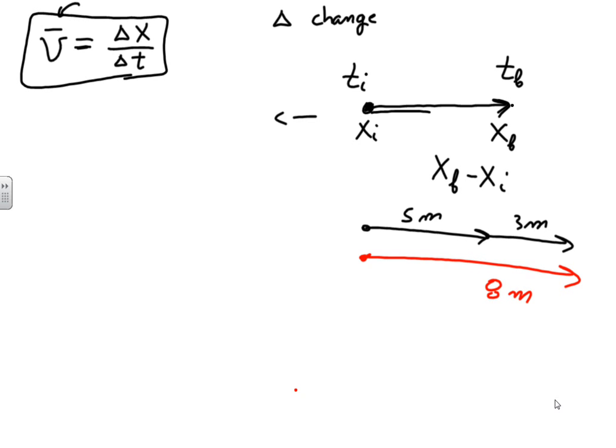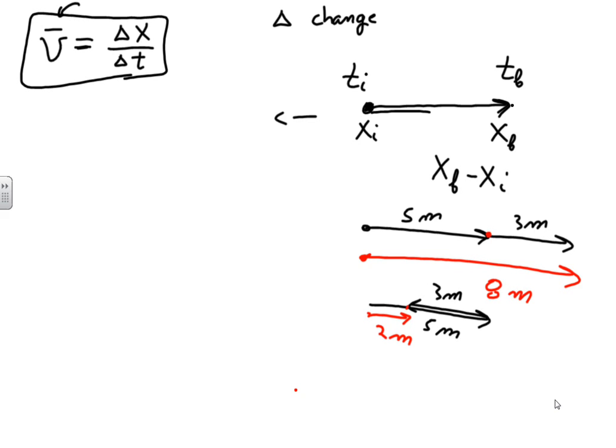But if you travel 5 meters east, and then you turn around and you go 3 meters west, you add vectors by putting the tail of one on the head of the other, just like I did here. The answer is 2 meters east.